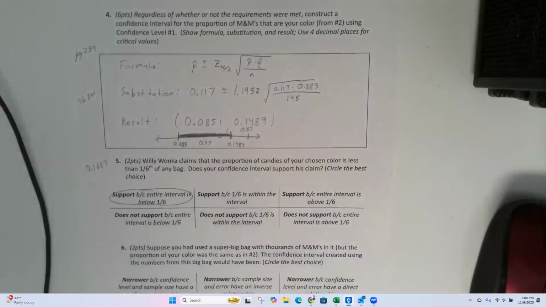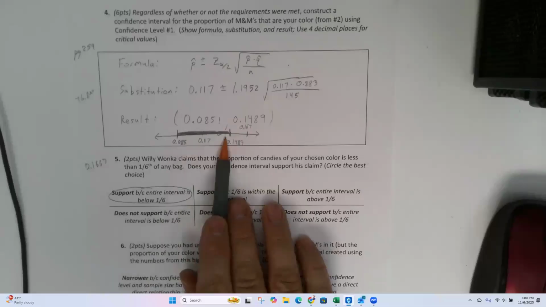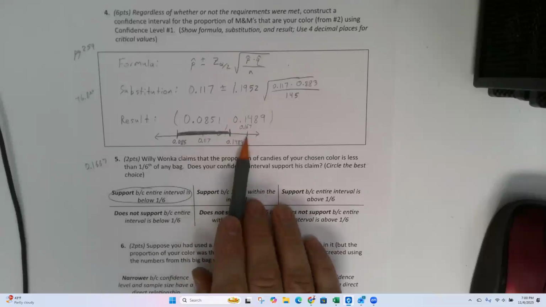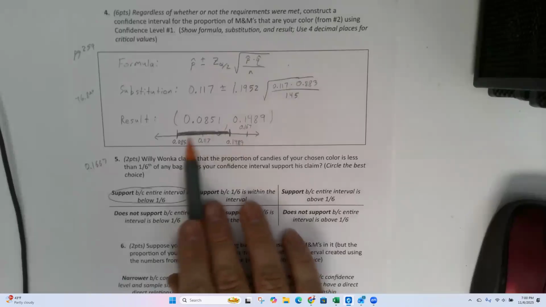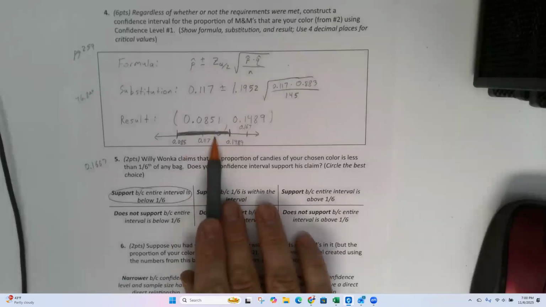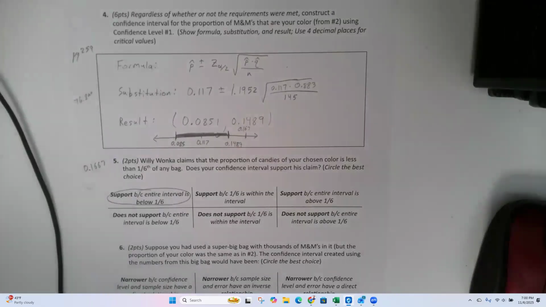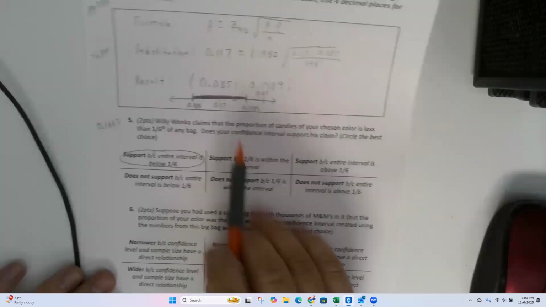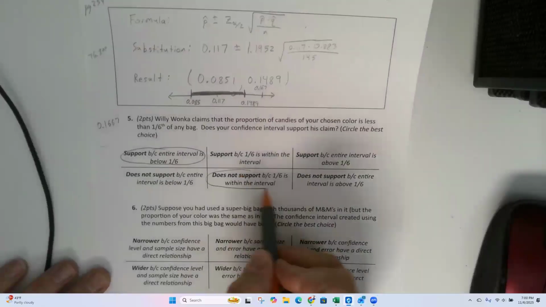Now, did anyone have a confidence interval that actually did include 0.167? 1/6 was actually in your range. Yeah, so Ivana had that, the 1/6 was inside the range, and so she would circle this one.